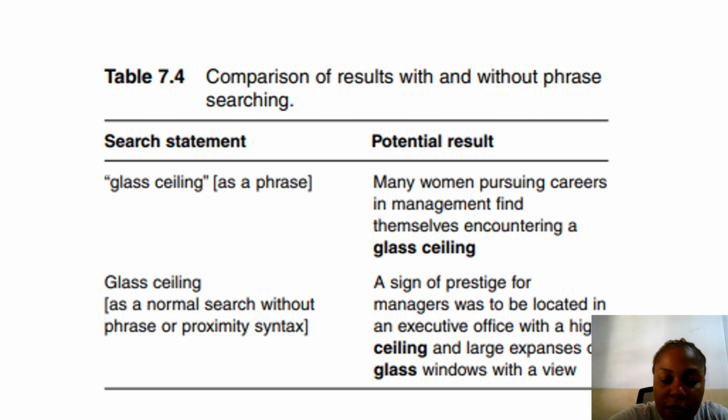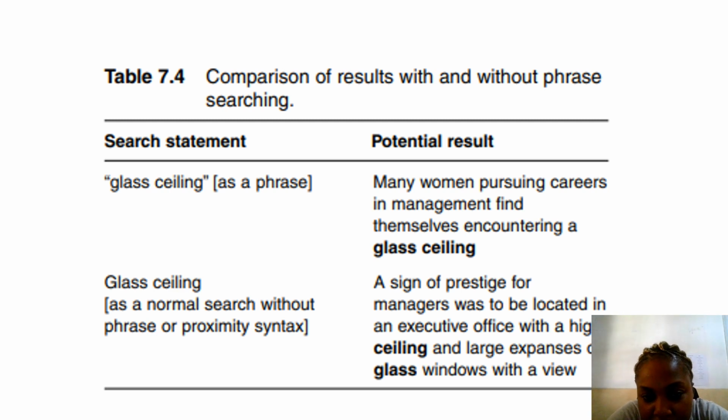So for phrase searching, it's almost like identifying keywords. You're going to make your keywords and then you combine them. So when you combine them, you now use them as a phrase when you type.